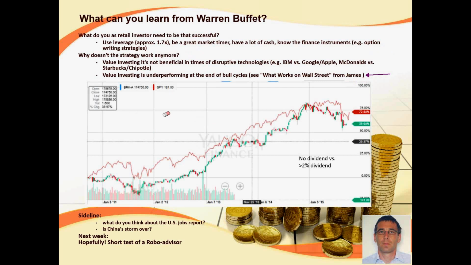What's this chart here? Yeah, the thin line is the SPY, and the other is BRK. How is the stock called? Berkshire Hathaway. Okay, Berkshire Hathaway A shares.